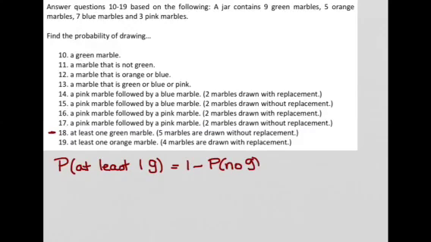That would be the exact opposite. Getting at least one green means there's some green somewhere in there. Maybe they're all green, maybe just one of them is green. But the opposite of that would be no greens at all, and that's a lot easier to calculate. So we'll do 1 minus the probability of no greens, and it gives us the same result.